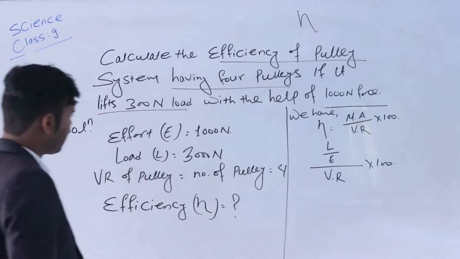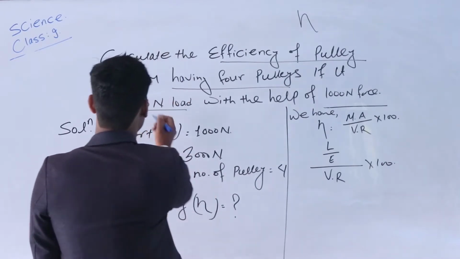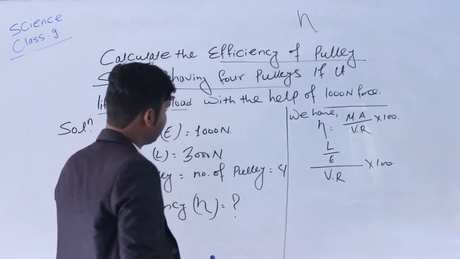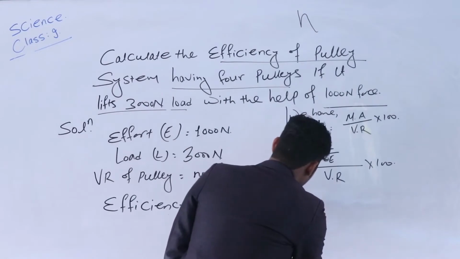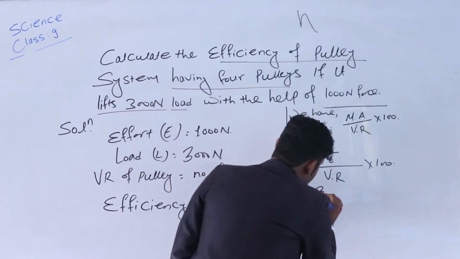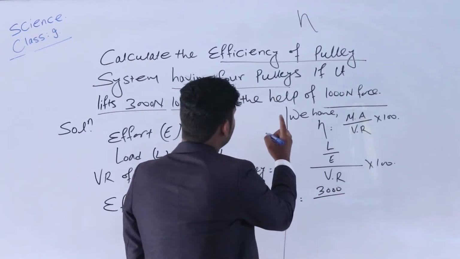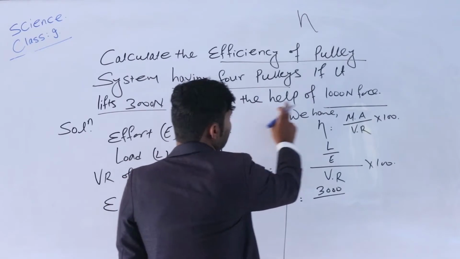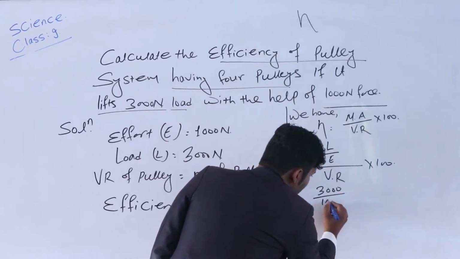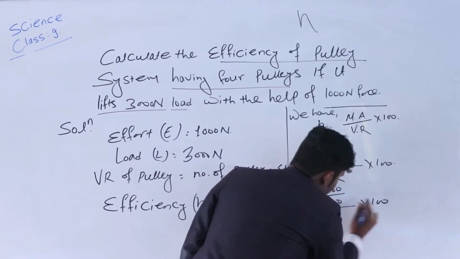Load is 3000, upon effort 1000, that is 3, upon VR 4, into 100.